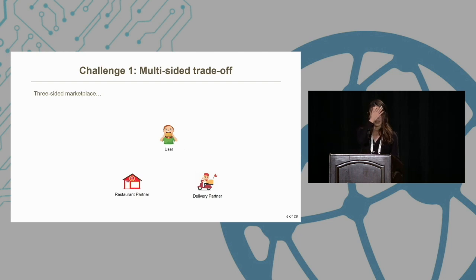And then if you think about this problem, although recommender systems are very common in our daily lives already, recommending for a food delivery marketplace has its interesting and unique challenges. So in case you're not very familiar with it, the way that a food delivery marketplace works is that the users or the consumers will first place an order on the restaurant through the platform, and then the delivery partners, or sometimes we call them couriers, will go pick up the food and then deliver to the users.